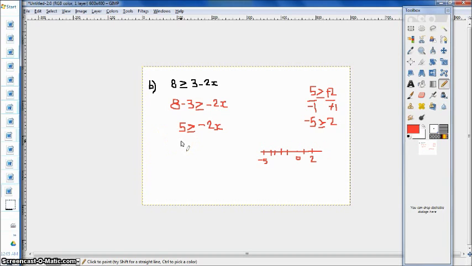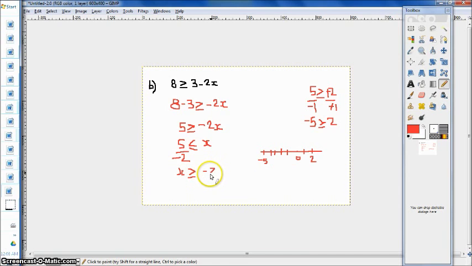So I know that my x is greater than or equal to 5 over negative 2.